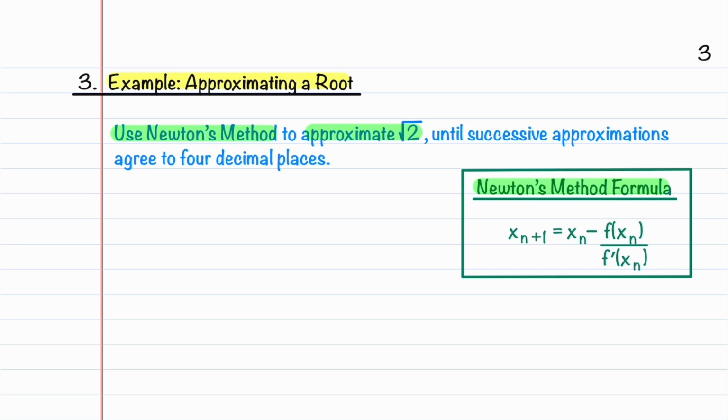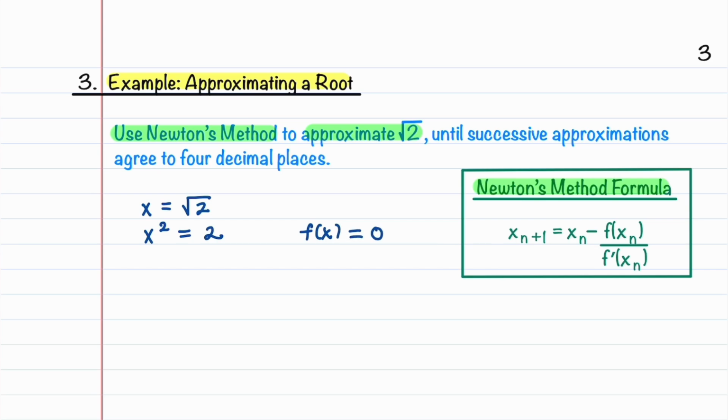To approximate the square root of 2, we need to start by letting x equal the square root of 2. We're then going to square both sides of our equation so that we get an equation that doesn't have the square root of 2 in it. The equation that we use Newton's method to solve is the equation f of x is equal to 0.